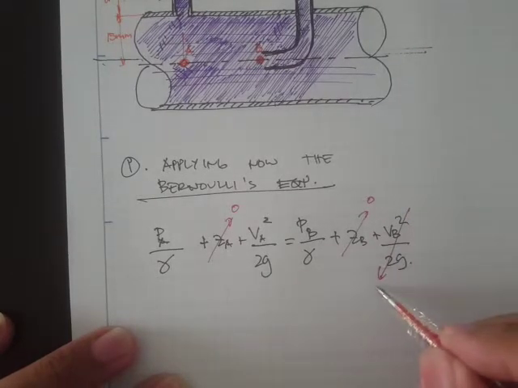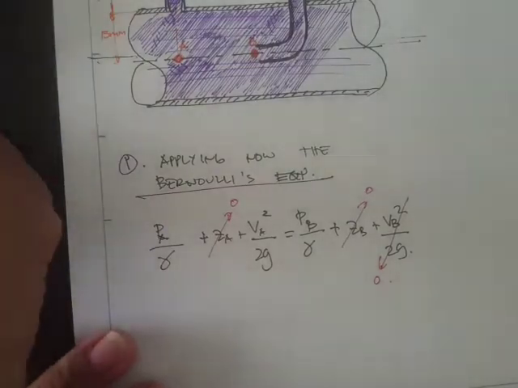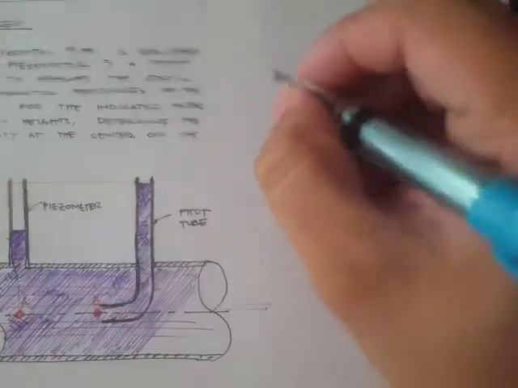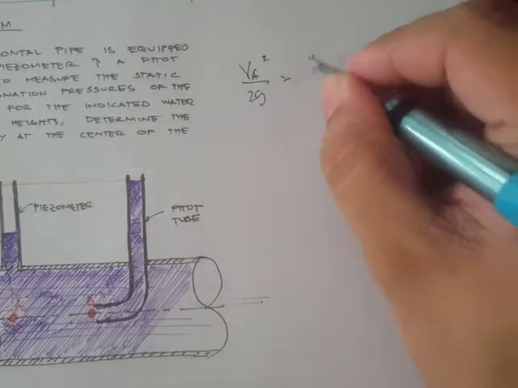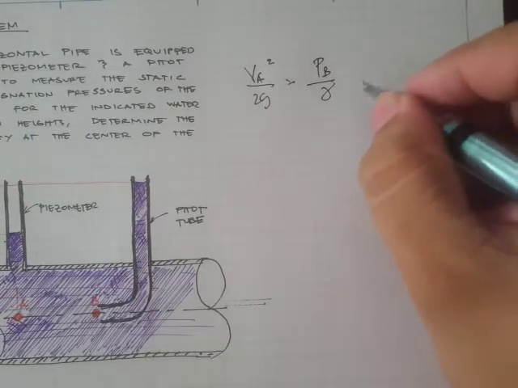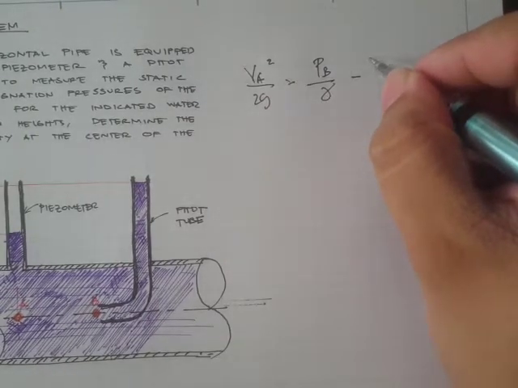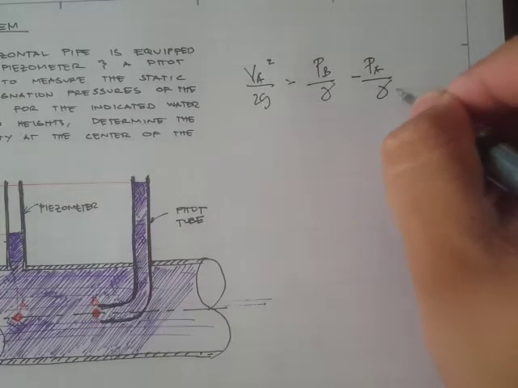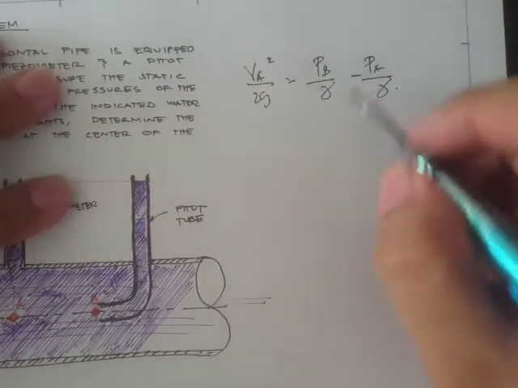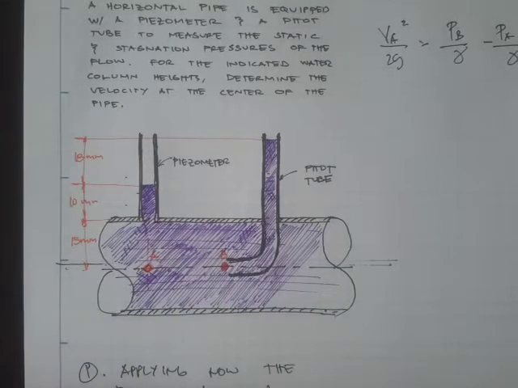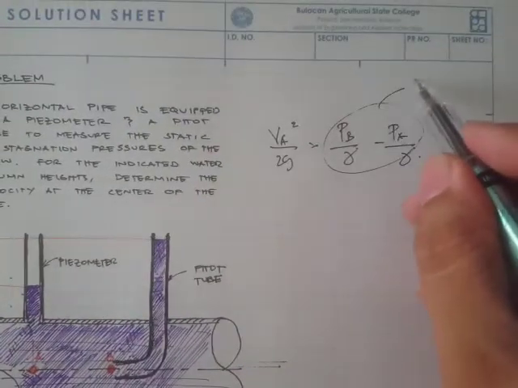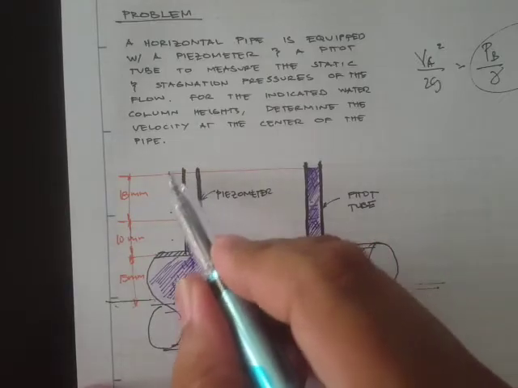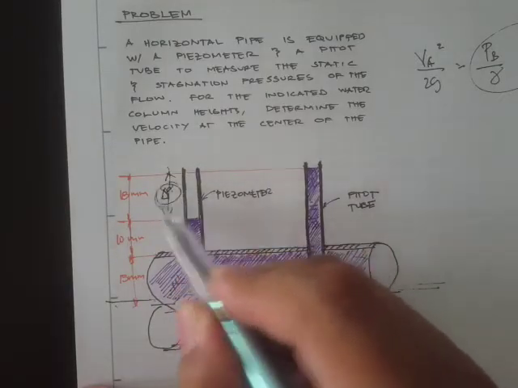And therefore, velocity at A squared over 2g is simply P_B over the unit weight minus P_A over the unit weight. Now, this is in terms of head, and these pressures are actually a pressure difference, a delta P, which is equal to this delta P.